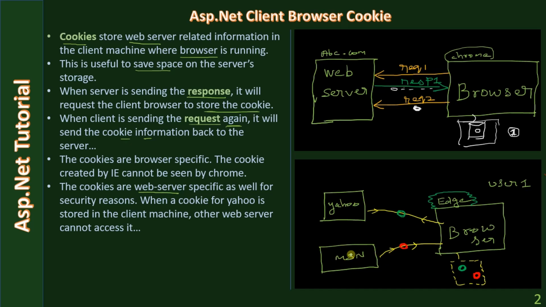So MSN cannot claim the cookie for Yahoo. Similarly, Yahoo cannot claim the cookie for MSN. So when subsequent requests are sent, the browser is smart enough to know that this one is for Yahoo and this one is for MSN, and it will pick and send that back.